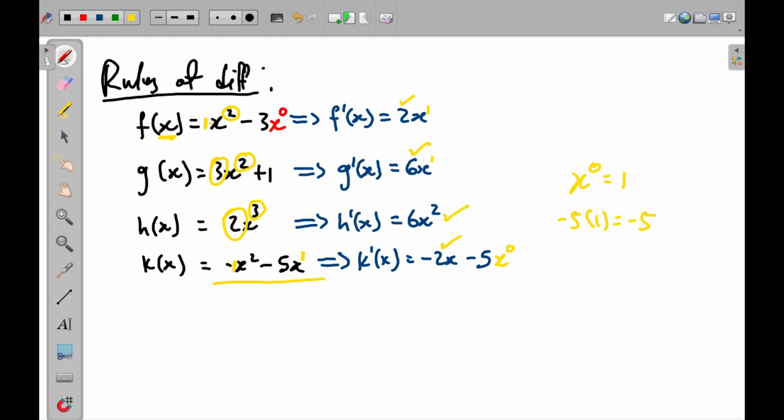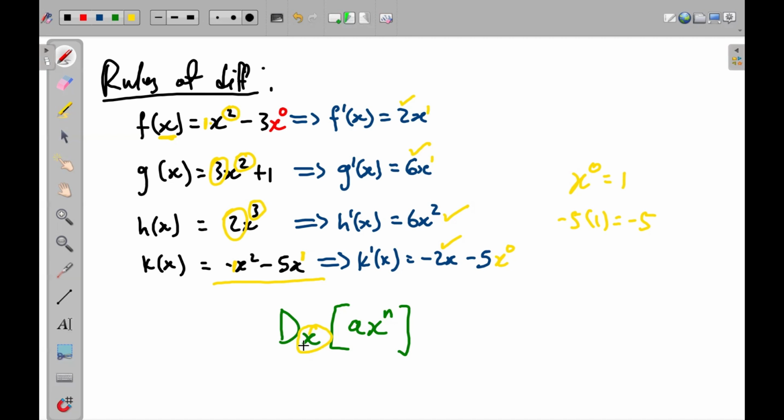So in general, what do we say? How can we summarize this rule in general? We can say, if you want to find the derivative of any expression, watch this now. I've got an expression ax to the n. So you see, this letter x is not just there for vibes or fun. It's there for a reason.